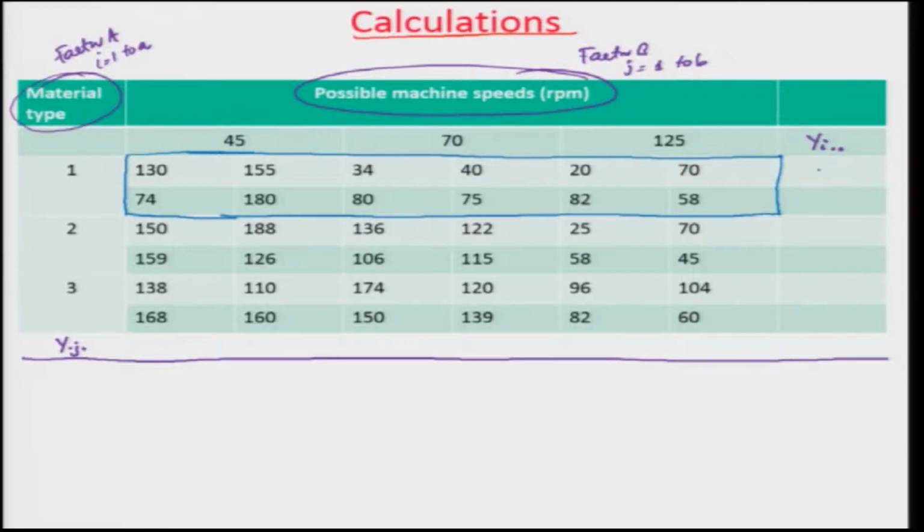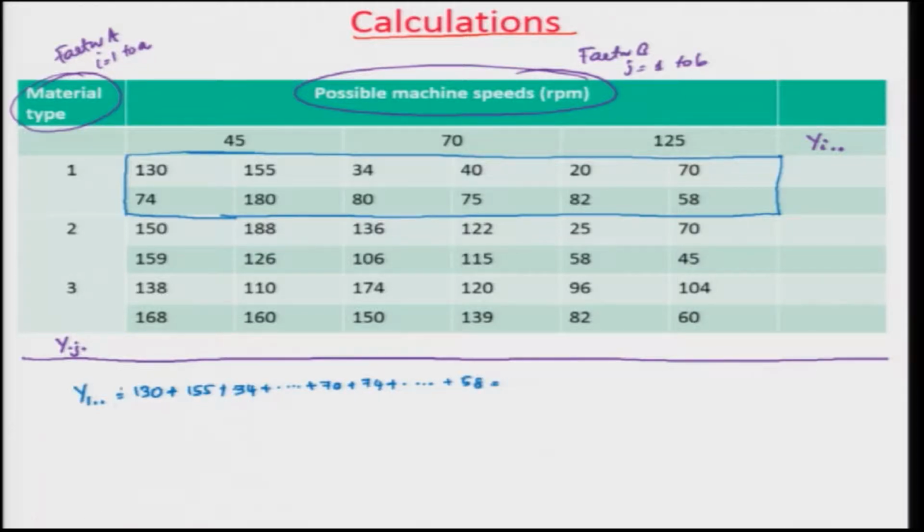This y i dot dot is given by, if you think about this, y 1 dot dot, for the factor 1, is equal to 130 plus 155 plus 34 plus all the way to plus 70 plus 74 plus all the way to 58.